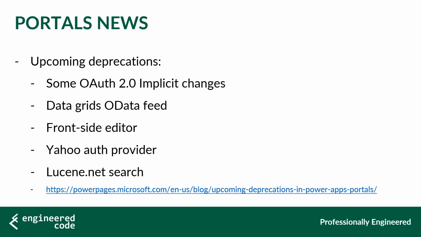So it was kind of redundant technology, and they're picking the new way to do things versus the old way. But if you have any functionality that depends on those OData feeds, again, go through the blog post to see what dates they've provided, and make a plan to move, whether you want to build your own OData feed with Liquid or use the web API.